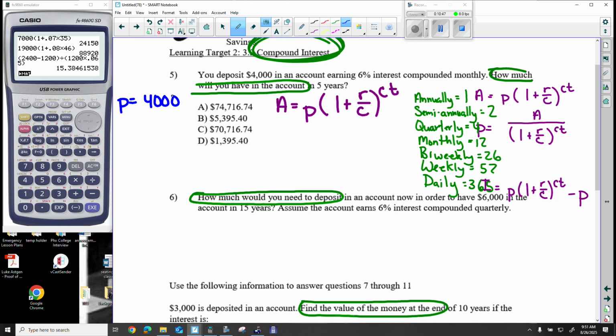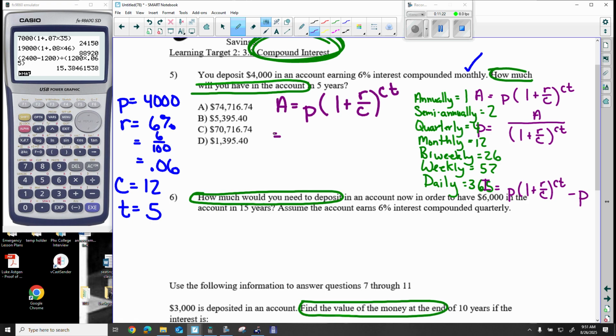Next is the rate, which is 6%, so we make the proper adjustment, and that will be 0.06. For C, I see that this is going to occur monthly, so that is going to be 12. That's the stuff written in green on the right. And the amount of time is 5 years.